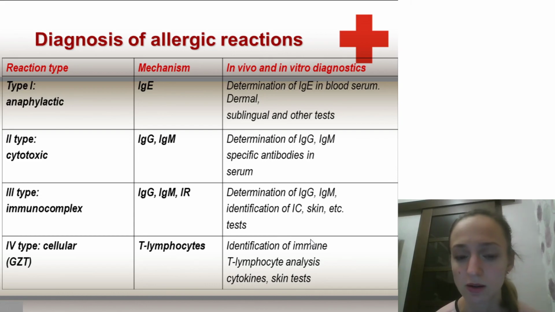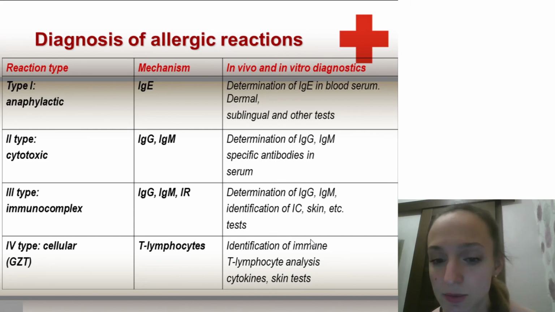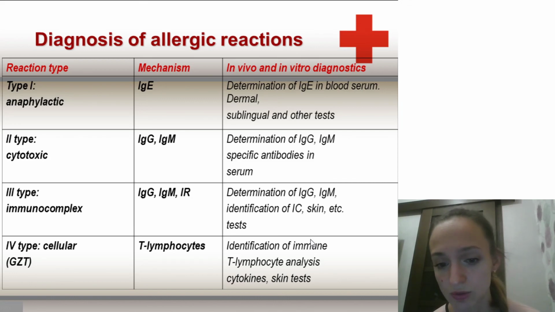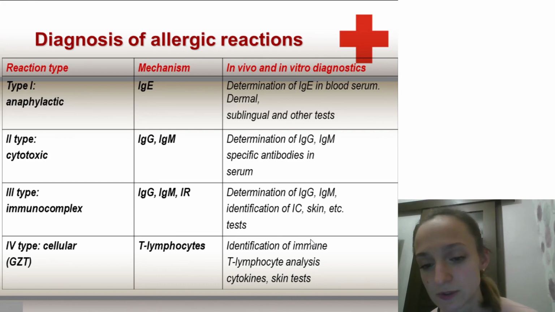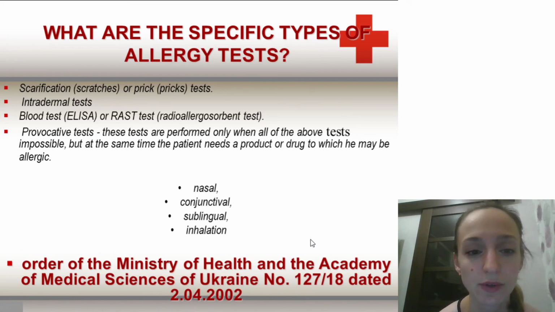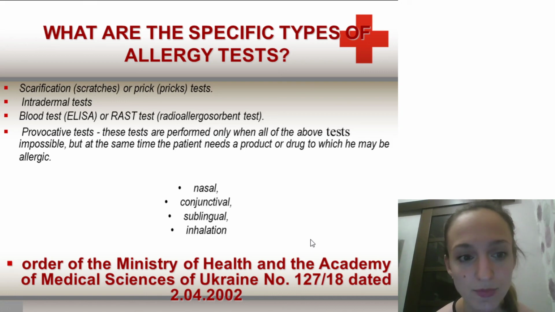Type 3, immunoglobulins G, M, and A, it is determination and identification in oral cavity, skin, etc., and different tests. Type 4, T lymphocytes, identification of immune T type of lymphocyte. What are the specific types of allergy tests? So scarification or prick tests, then intradermal tests, blood test or RAST test.